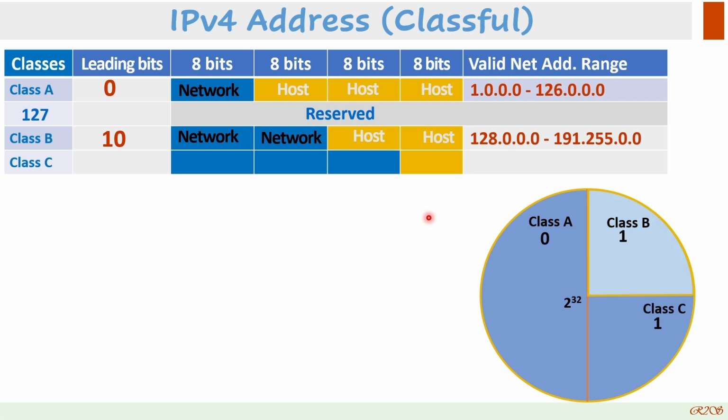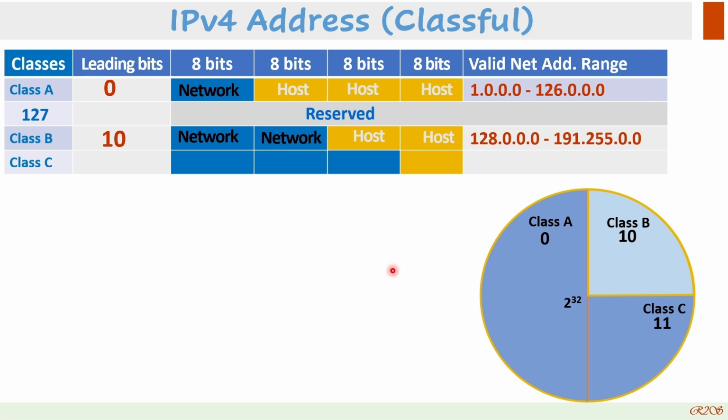So now let's see what the properties of class C are. Now they again started thinking, okay, we created one more class, but we need even more networks with an even smaller size of network. That means the number of hosts could be even smaller.